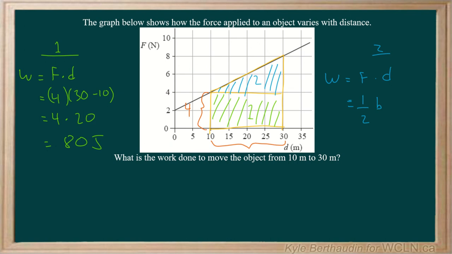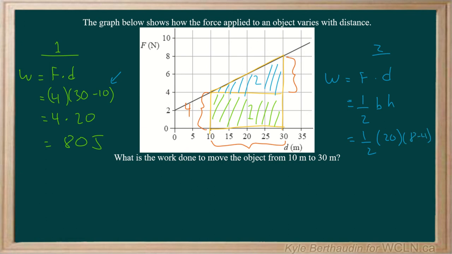Let's write it as base, times the height, which is the force. Well, we have 1/2 times the length of the base, which we found earlier is equal to 20. And the height, if we look at the height of this triangle, is 8 minus 4.